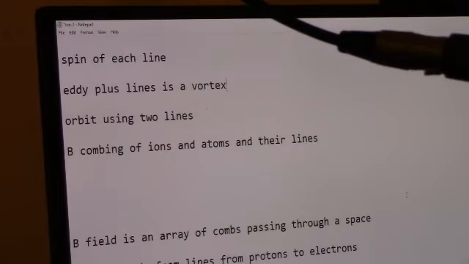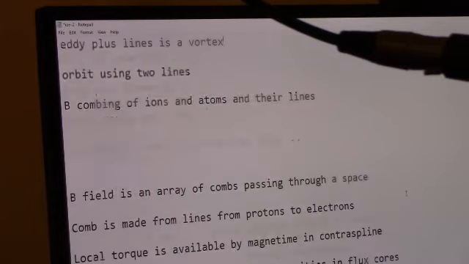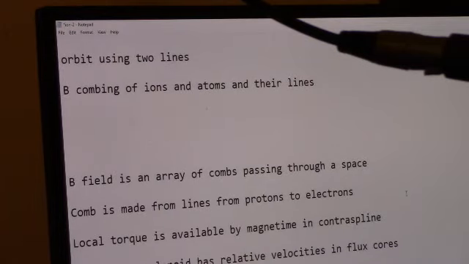I had an earlier talk, "Radio is not photons," in which I talk about the local torque that is necessary to propagate radio through a partial vacuum. And the orbit uses 2 lines. So a bond can have 2 electrons on 2 lines orbiting each other, just like a rope orbits another rope because of the non-crossing law. And the B field is combing things.